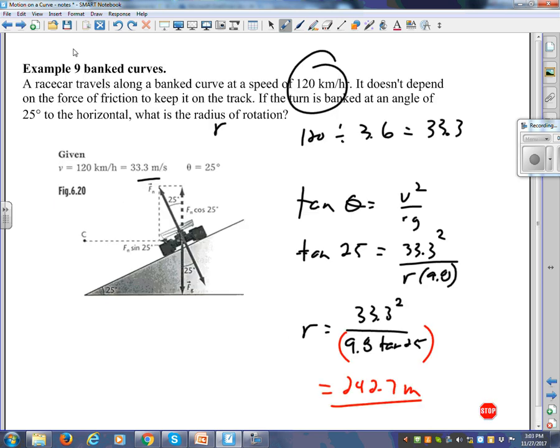Okay, so that's all I have for that. Now let me put this away so I don't lose it. You should have a few other packages of things. Flying pig, just store that in your binder for tomorrow.